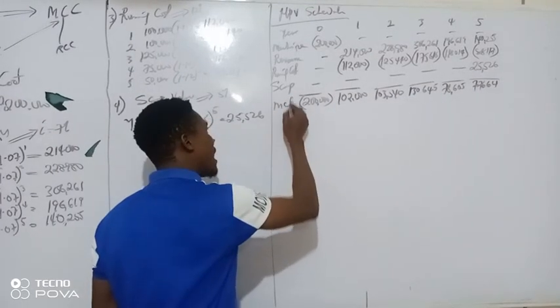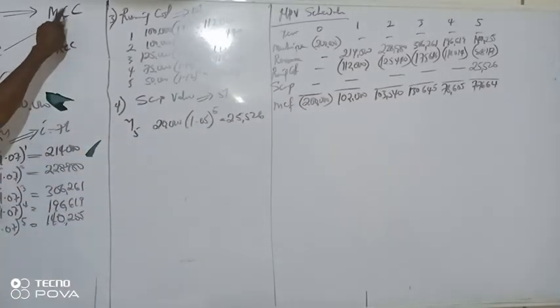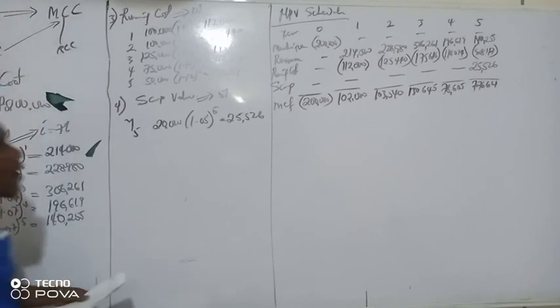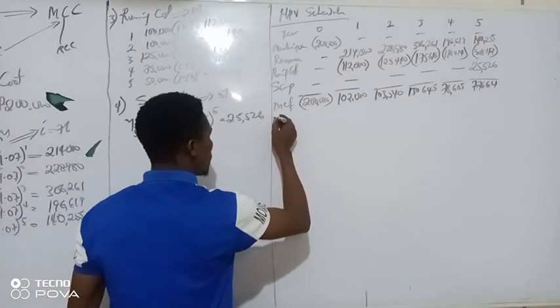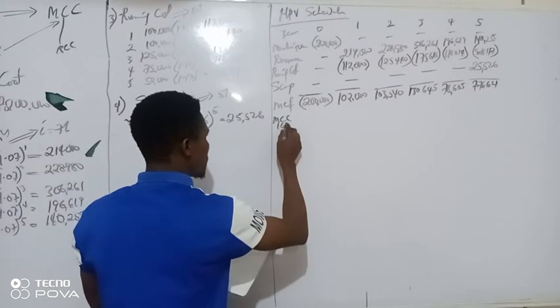So with this, we have our money cash flow. What do we discount with now? We use the money cost of capital. How many percent is it on the question? 16%.